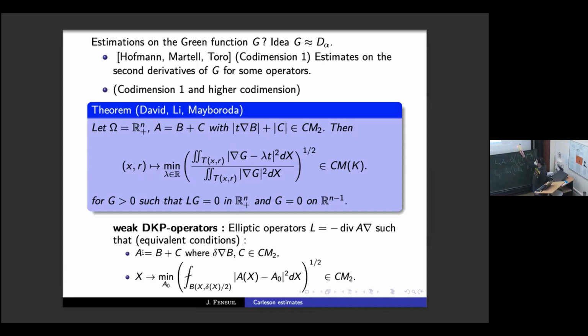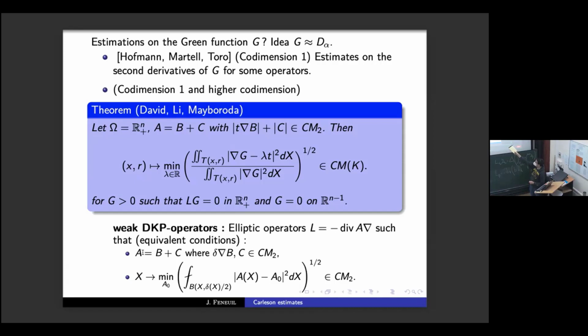In codimension 1 and higher codimension, you have some estimates for those operators, given by David, Li, and Mayboroda. So there is a mistake actually, sorry. You see that G is more or less the distance to the boundary. If you are in the upper half plane, the distance to the boundary is just t.